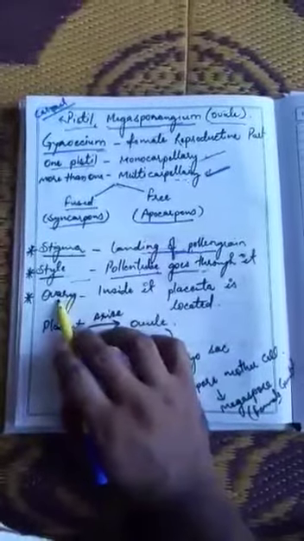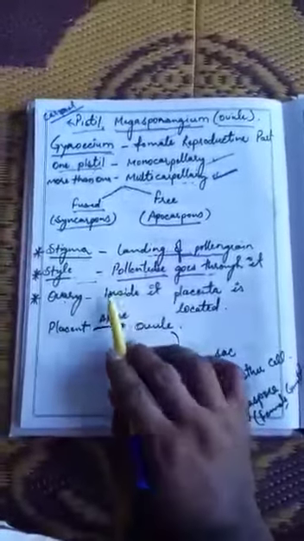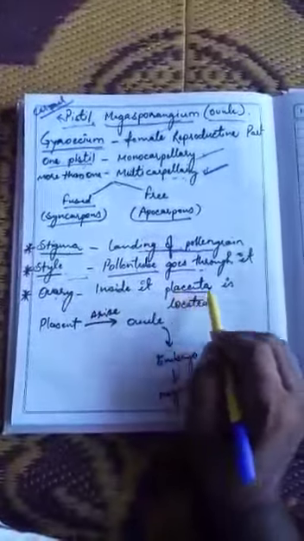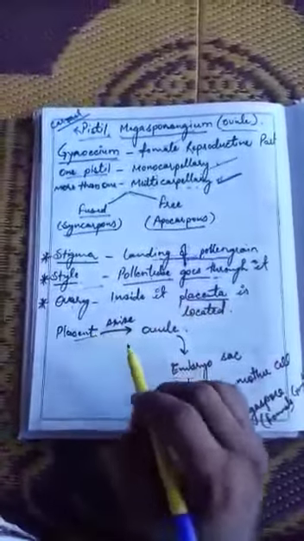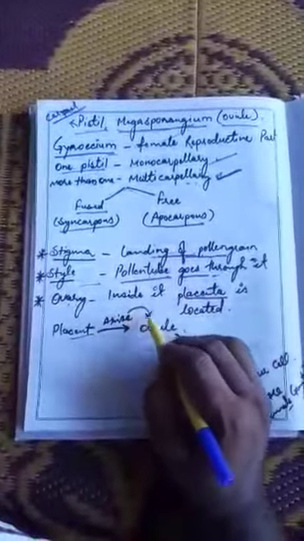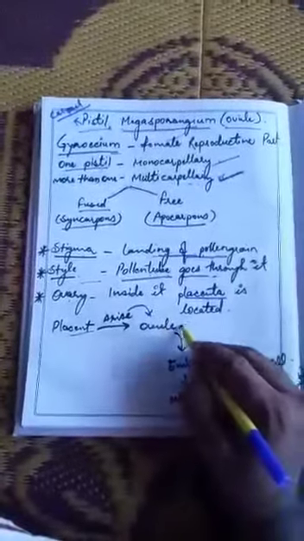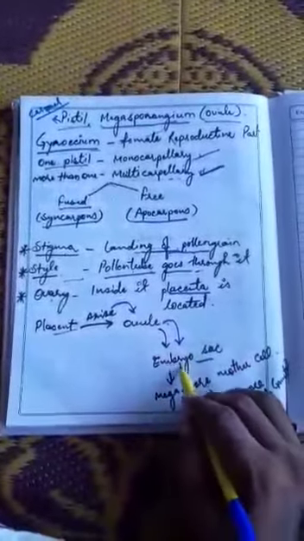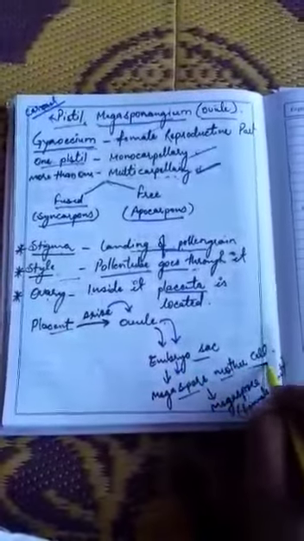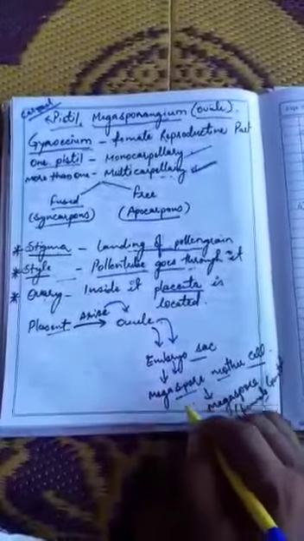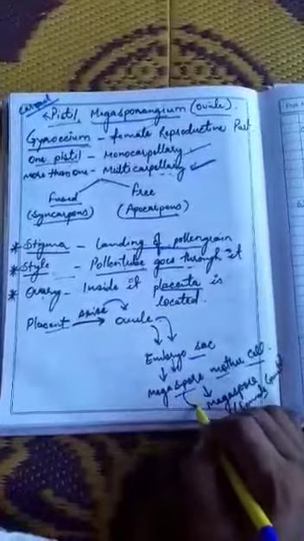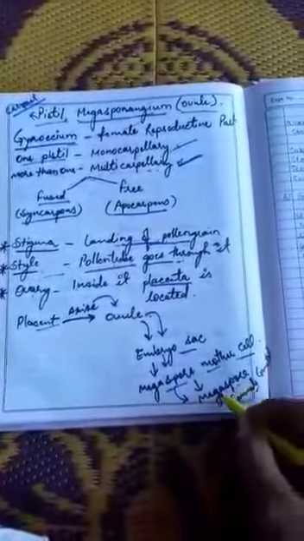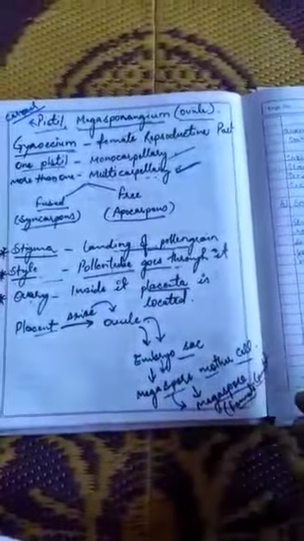And the last one is the ovary. Inside the ovary, placenta is found. Placenta gives rise to ovule. Ovule contains the embryo sac. Embryo sac has megaspore mother cells, and these megaspore mother cells after meiosis convert into megaspore, that means the female gametophyte or egg cell.